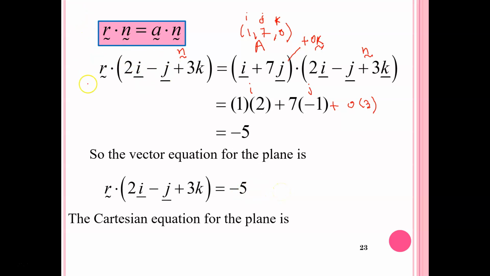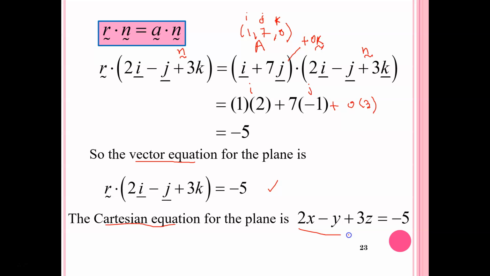You don't have to solve for this side, just work out the right hand side. So you have this vector equation for the plane. And then the Cartesian equation is what we equate with p earlier. So you have 2x minus y plus 3z equal to negative 5.